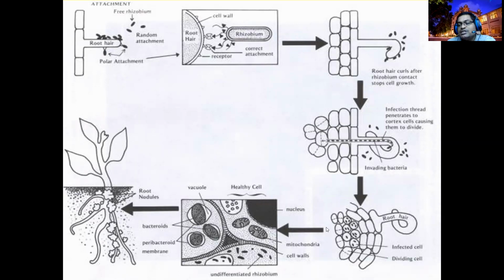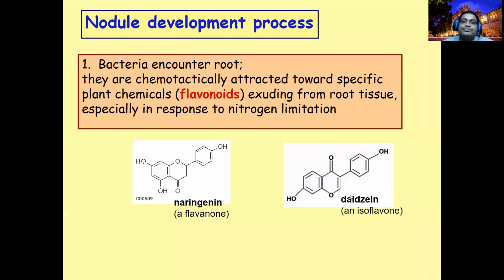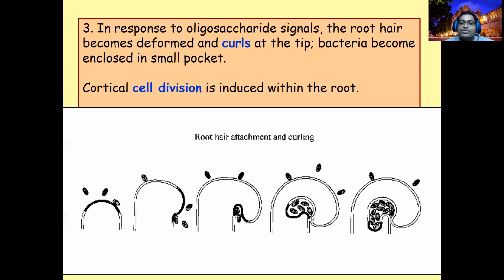For the survival of the bacteria, the bacteria will use photosynthetic products from the host. Also it will start to fix nitrogen around the soil. This is the bacterial encounter route. For the encounter, I told you the plant needs a chemical, flavonoids. Flavonoids induce attraction of the bacteria, then bending of the root hairs, then trapping the bacteria.